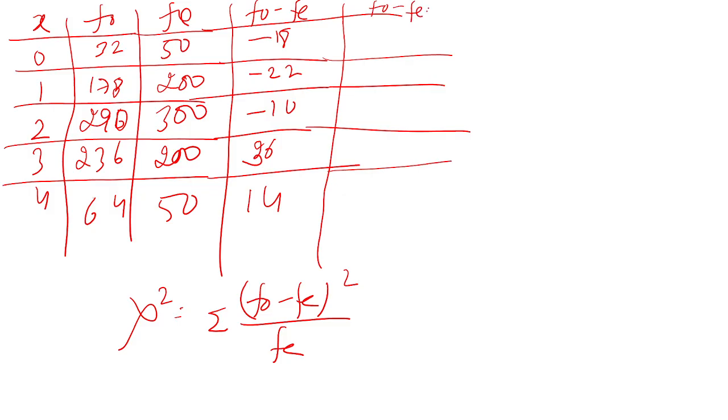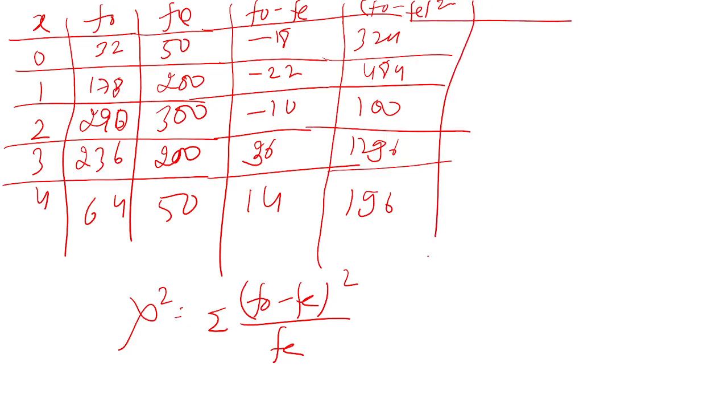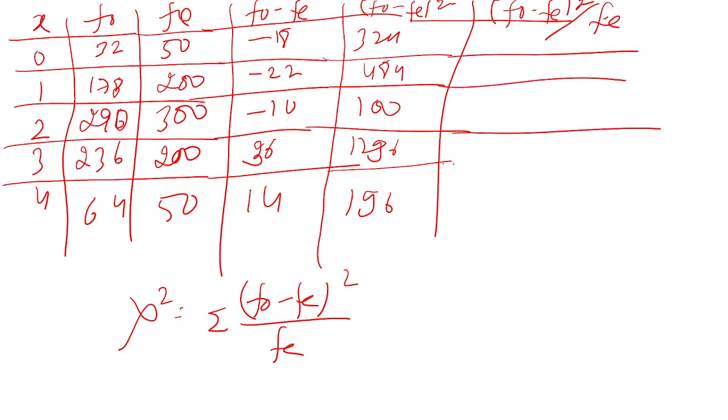So (fo minus fe) square: 324, 484, 100, 1296, 196. Now we'll calculate (fo minus fe) square by fe. 324 by 50 gives 6.48.